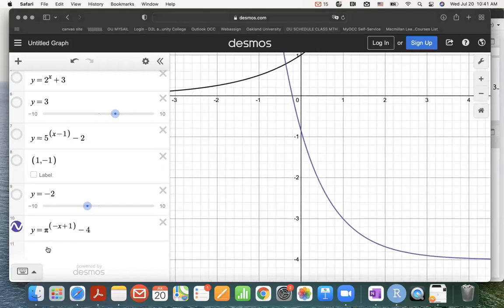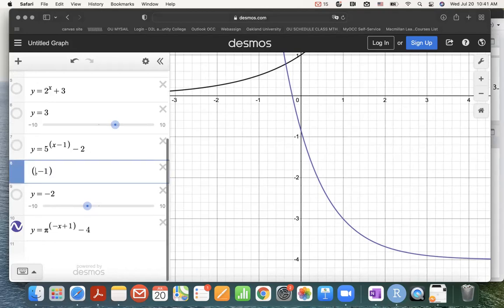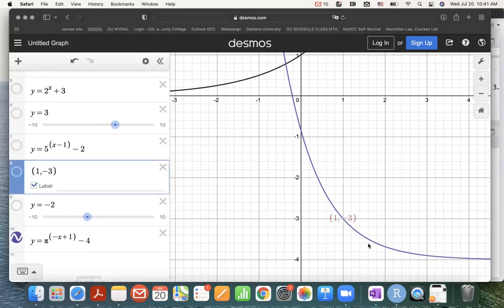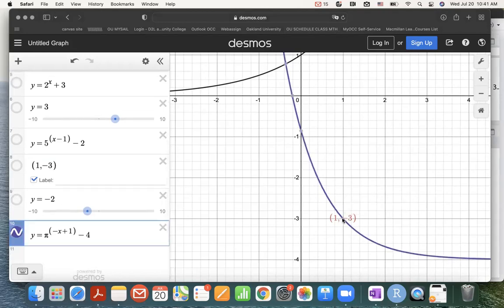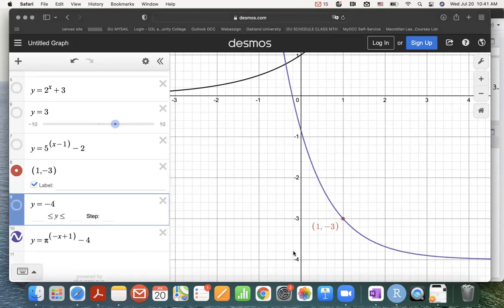Your new point right now, I forgot to put the new point. New point right now would be 1, minus 3, right? 1, minus 3. Right there. 1, minus 3. And then the horizontal asymptote is y equal minus 4. Right there. So we got it right. Very good.